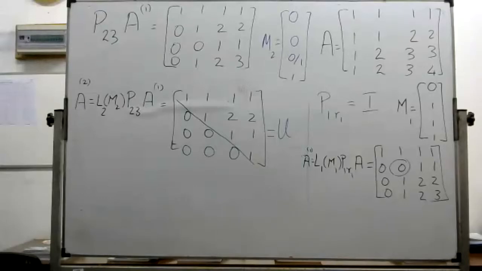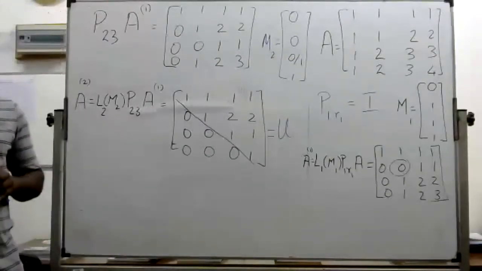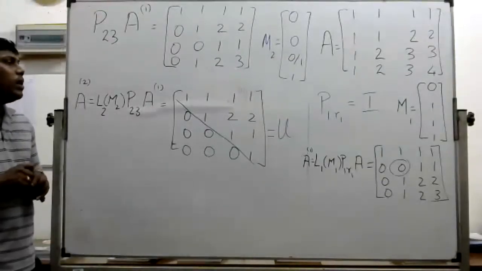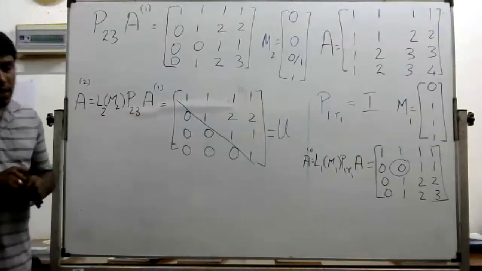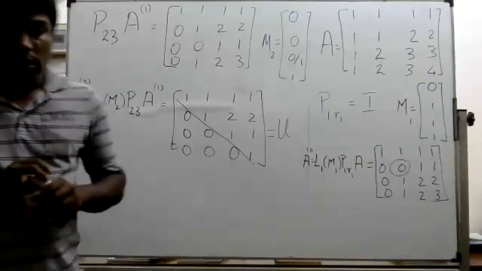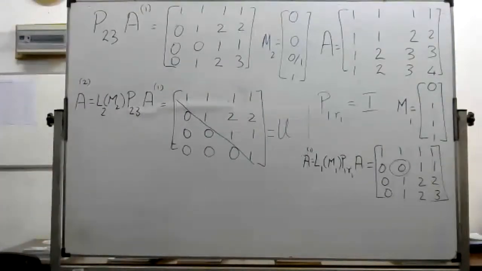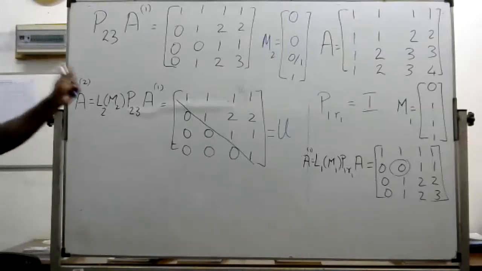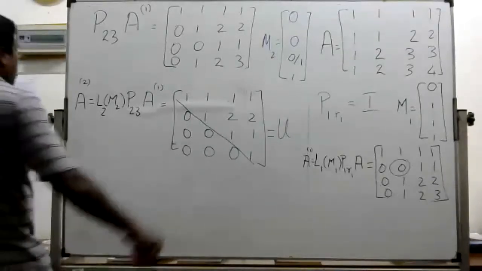There is another case where you may need to do a row interchange, in order to get better results in Gaussian elimination. We will do that as a remark here.